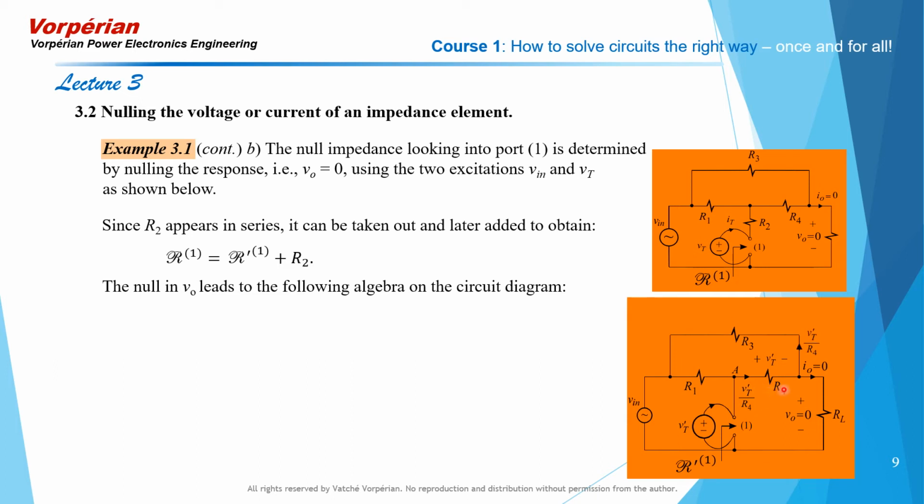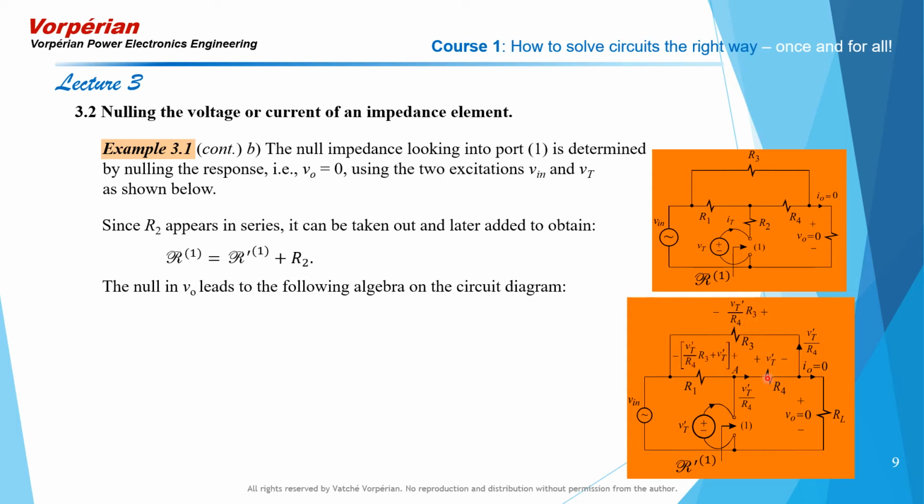And that current, interestingly enough, when it reaches this node here, will turn around and flow through R3 entirely because there is no current flowing through RL. And in doing so, it will create a voltage drop across R3 given by V prime t divided by R4 times R3.